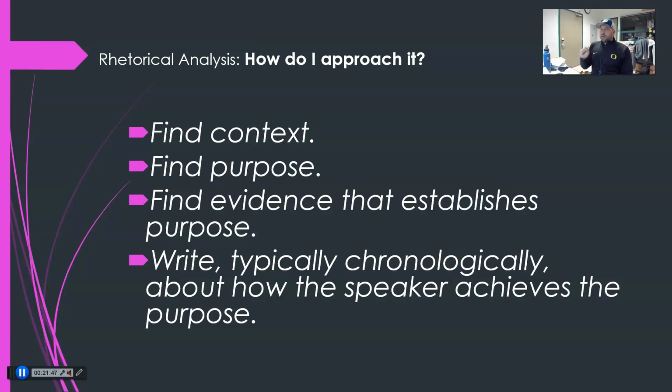So at the beginning of their essay, midway through their essay, at the end of their essay, explain how the speaker achieves the purpose. Alternatively, if you don't want to do it chronologically, you could also say one way they do this, another way they do this, and another way they do this, right? So you're just stacking three different ways that they achieve, again, the purpose. The key thing is that you establish that purpose.